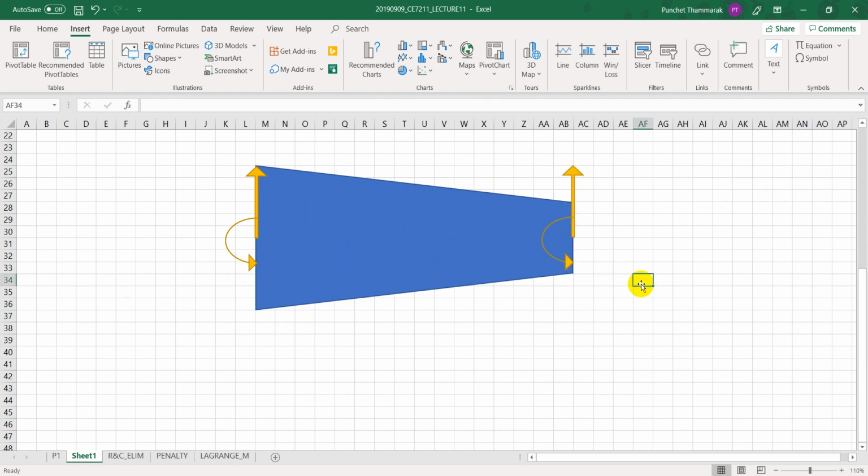We used to develop the stiffness matrix of this beam member with the varying EI value.